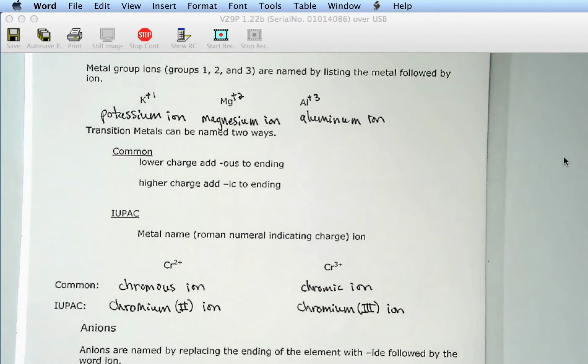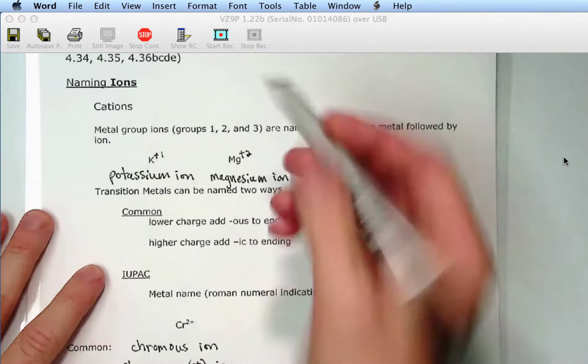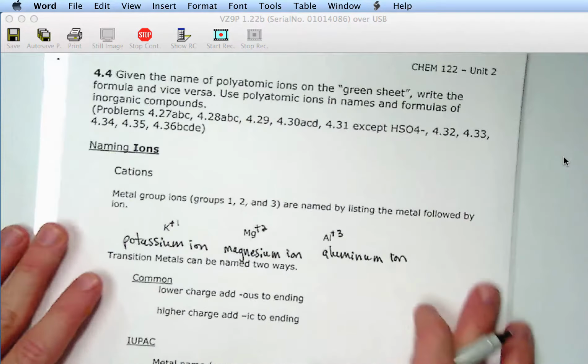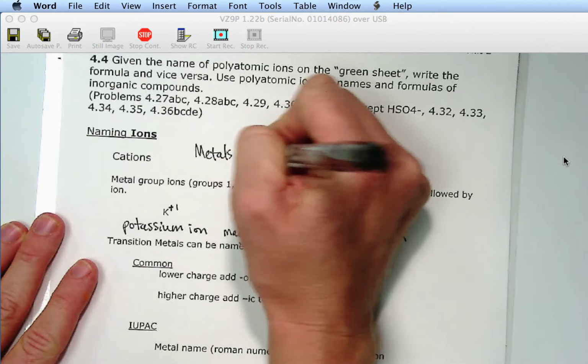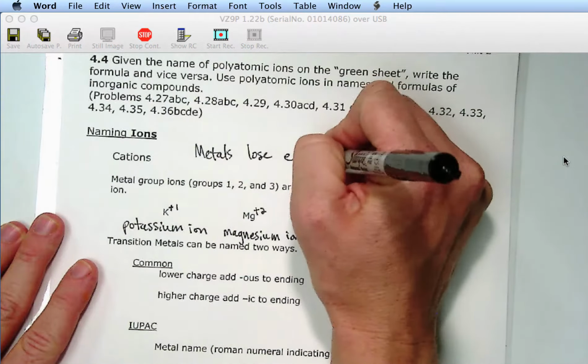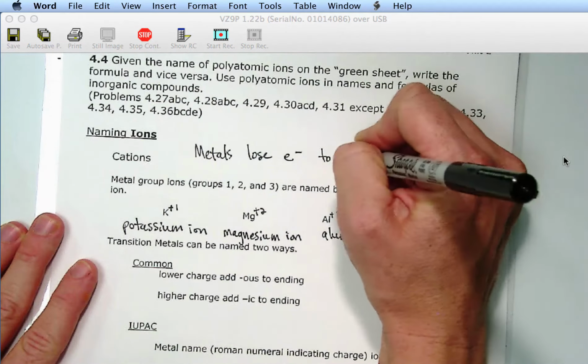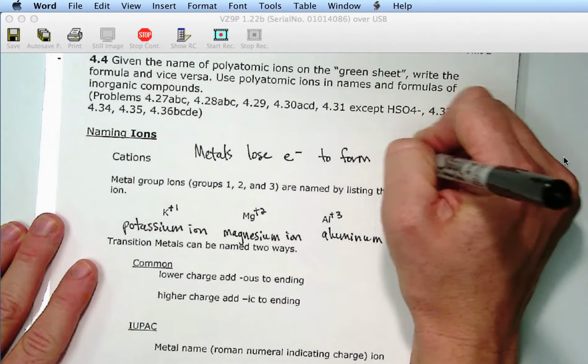So we've learned how to name the cations. Remember that the cations are formed by metals. Metals lose electrons to form cations. I'll say this again, and it never hurts to say this too much. Metals lose electrons to form cations.